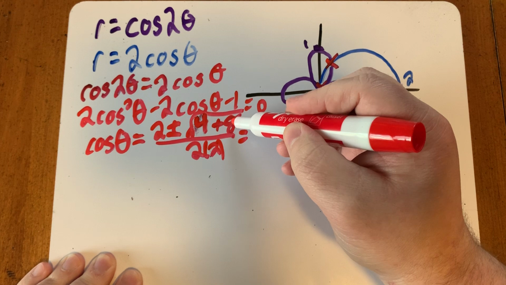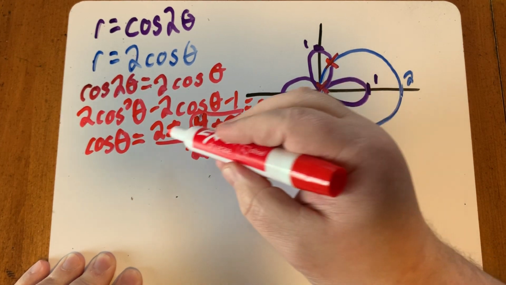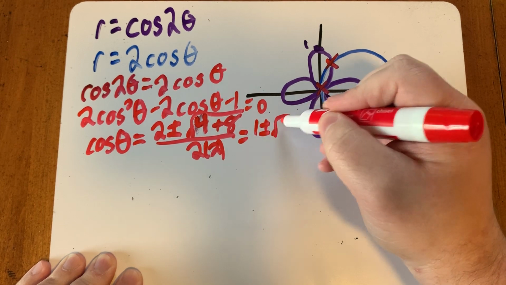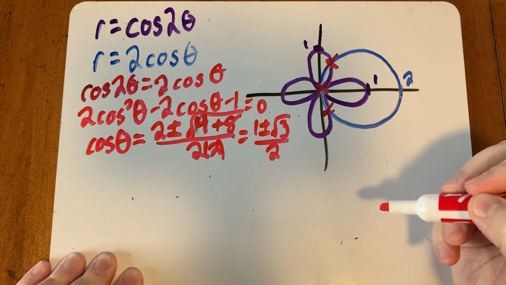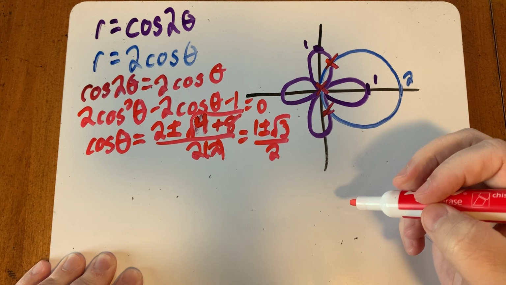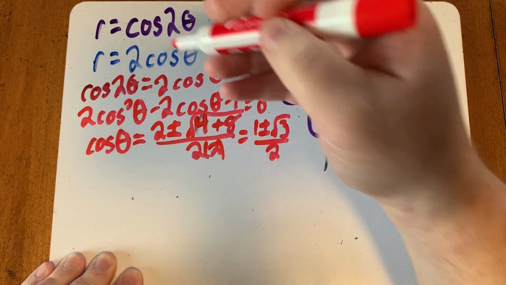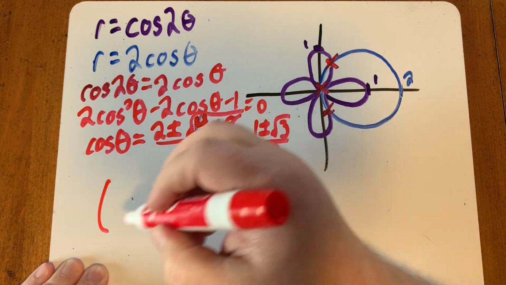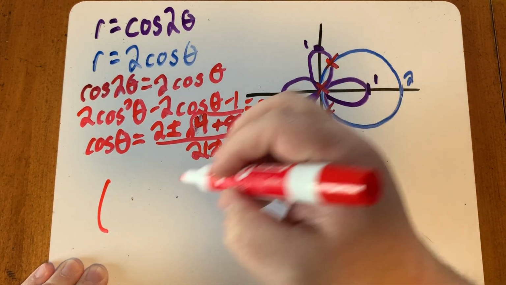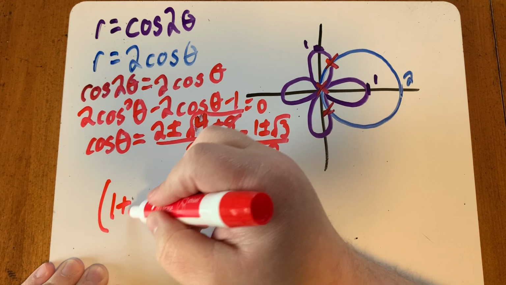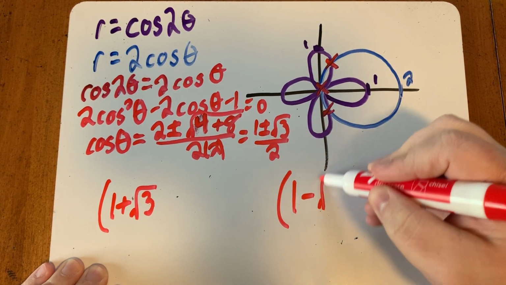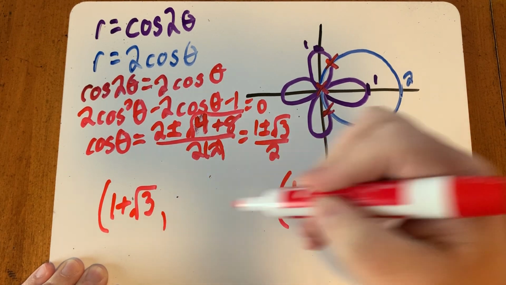So that's 12. Root 12 is 2 root 3. And everything's divisible by 2, so it's 1 plus or minus root 3 over 2. So that's cosine of theta. So that means r, we would have a point where it is 2 times cosine of theta. So 1 plus root 3, and another one where we would have 1 minus root 3.